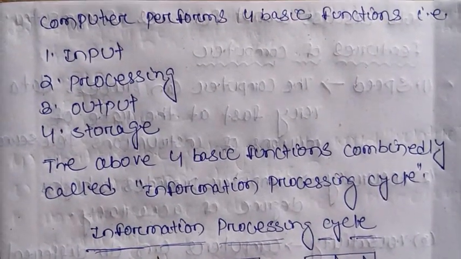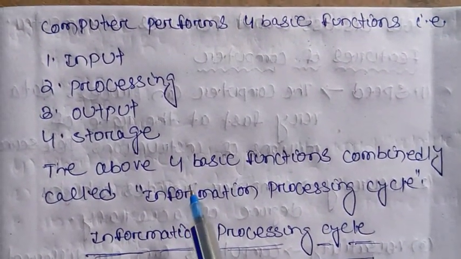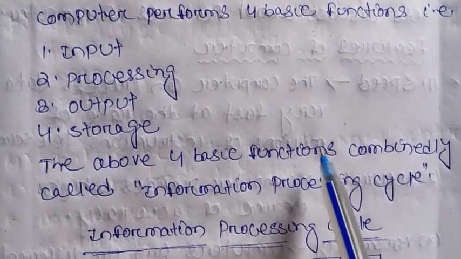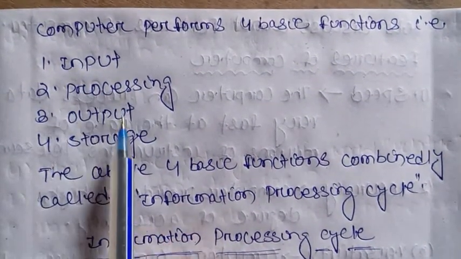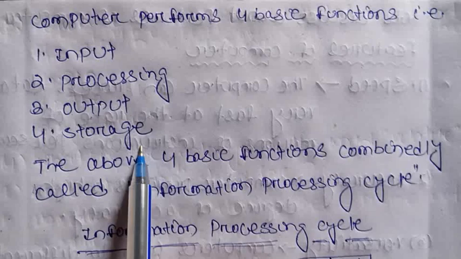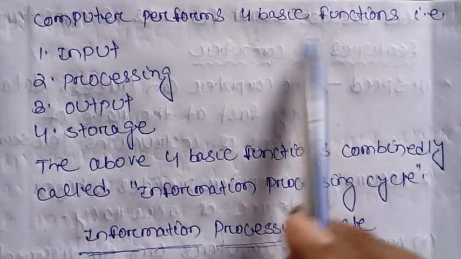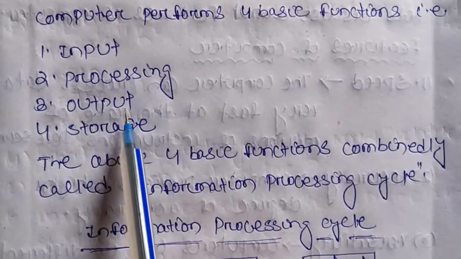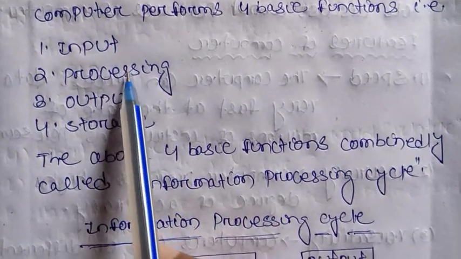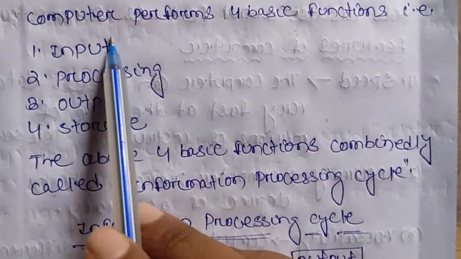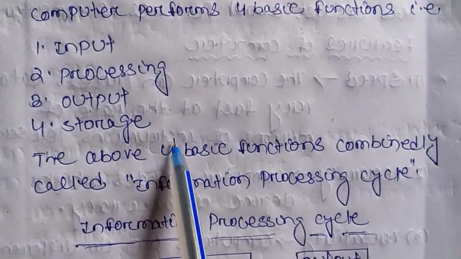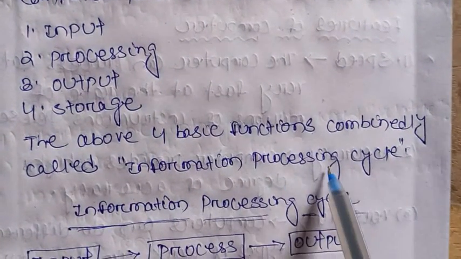What is the information processing cycle? Input, processing, output and storage, these functions combinedly are called the information processing cycle.